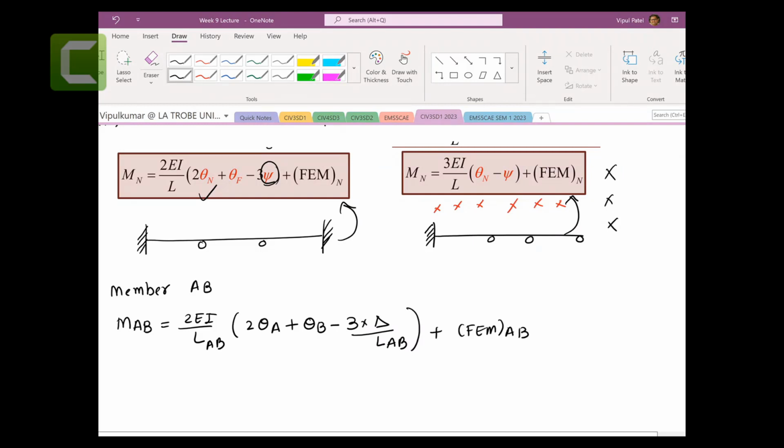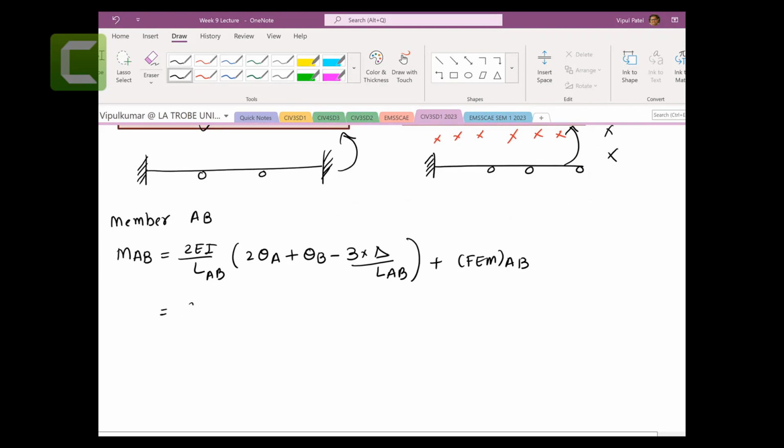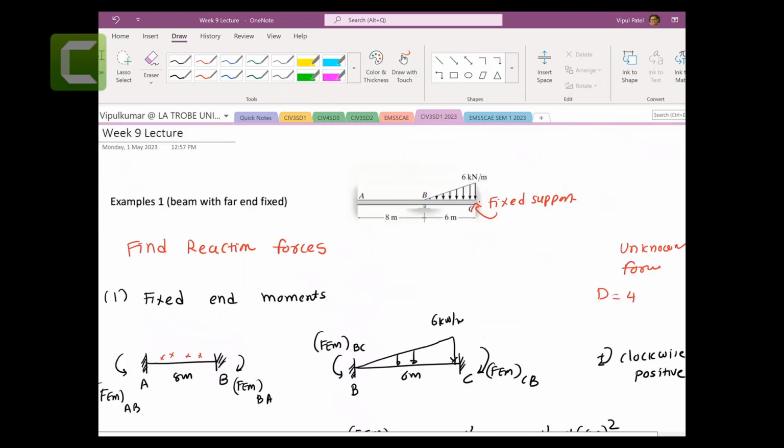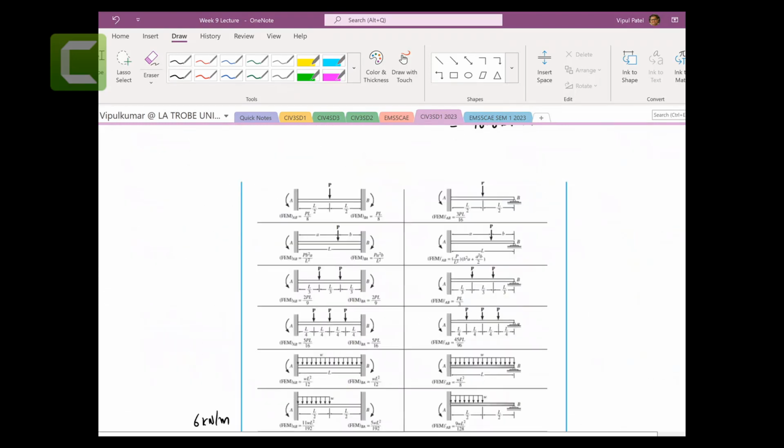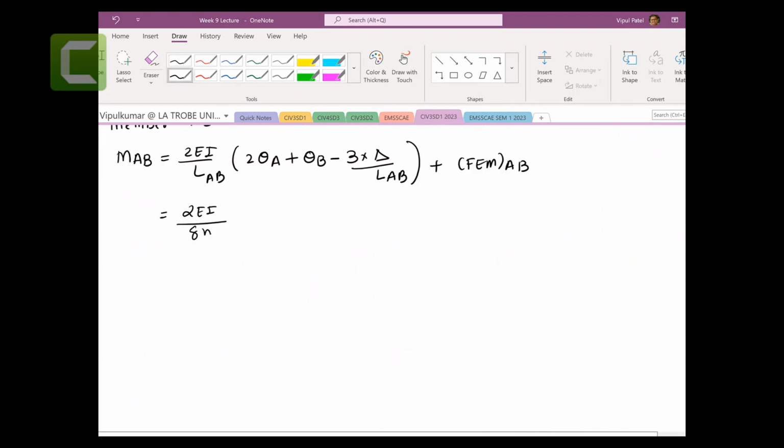I just expanded that. So 2EI, the length of AB, was 8 meters, you can see.